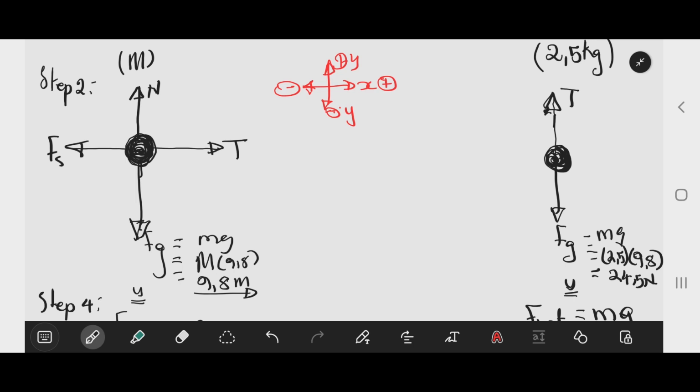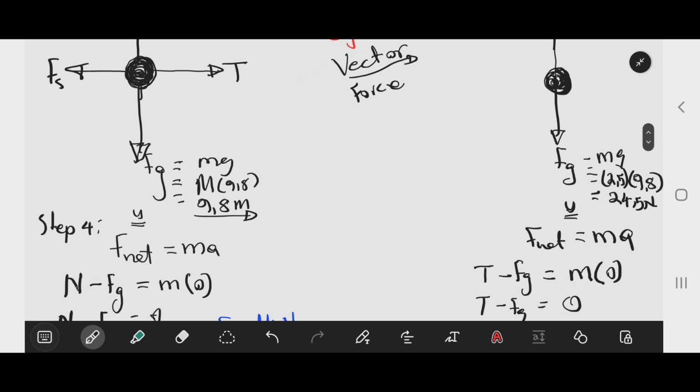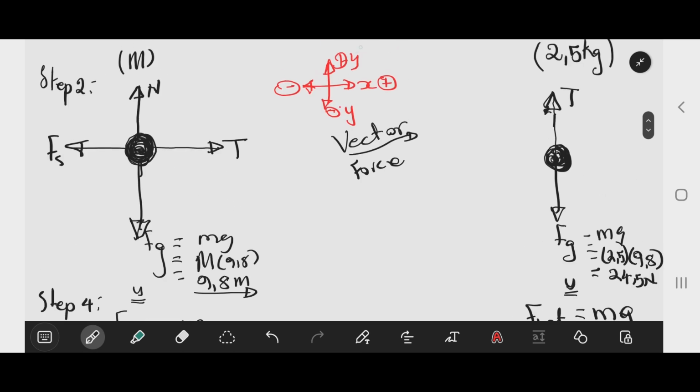And following our system of axes, anything that is a vector, we have to include direction, right? And looking at a force, it is a vector, so it has magnitude and direction. So we have to apply this system of axes if you substitute a force, right? That is why we said normal force is positive because it is going upward, right?